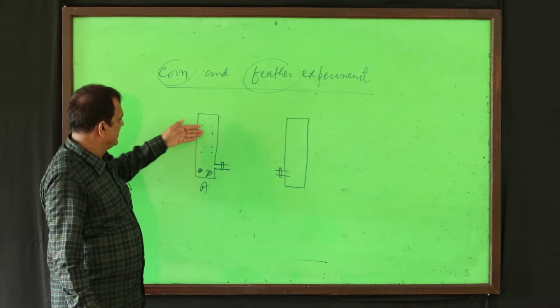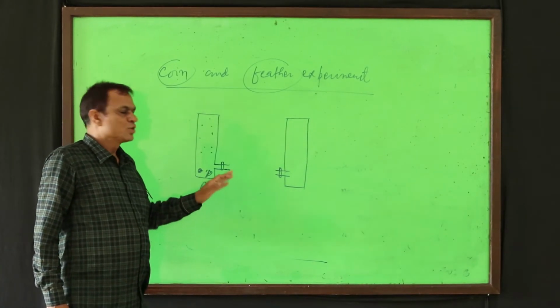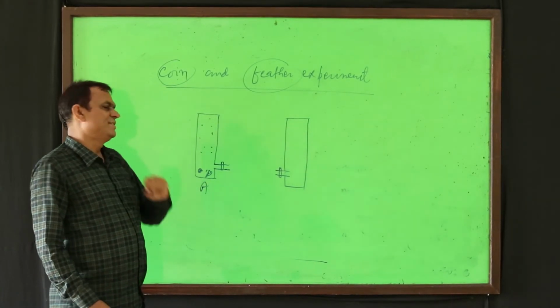Why? Because it is filled with air and air resists the feather, so the coin falls faster than the feather.